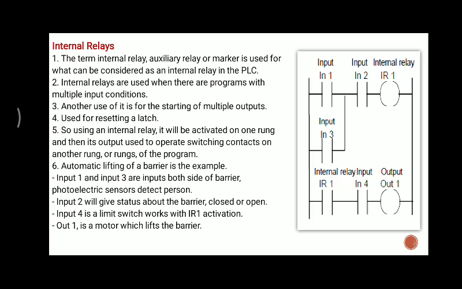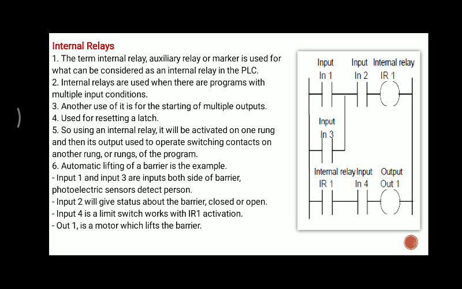So like this internal relays work. Now take another condition, where the barrier is open. Again this input 4 will cross-check that the barrier is open. So again input 4 is activated, and it will send the signal to output 1 not to start the motor.